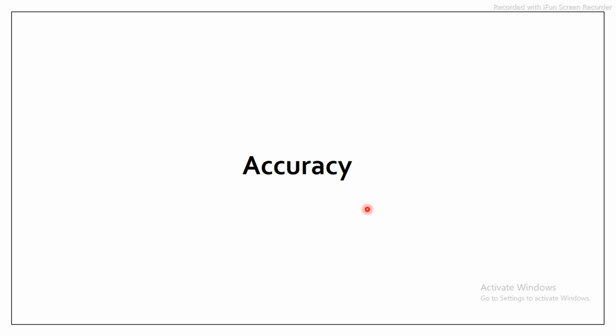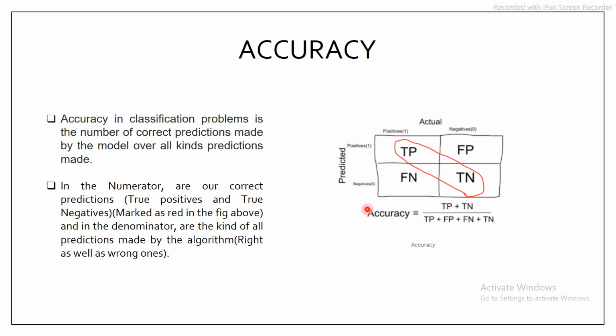In a classification problem, accuracy is the number of correct predictions made by the model over all kinds of predictions made. It is the total number of correct predictions divided by all types of predictions.